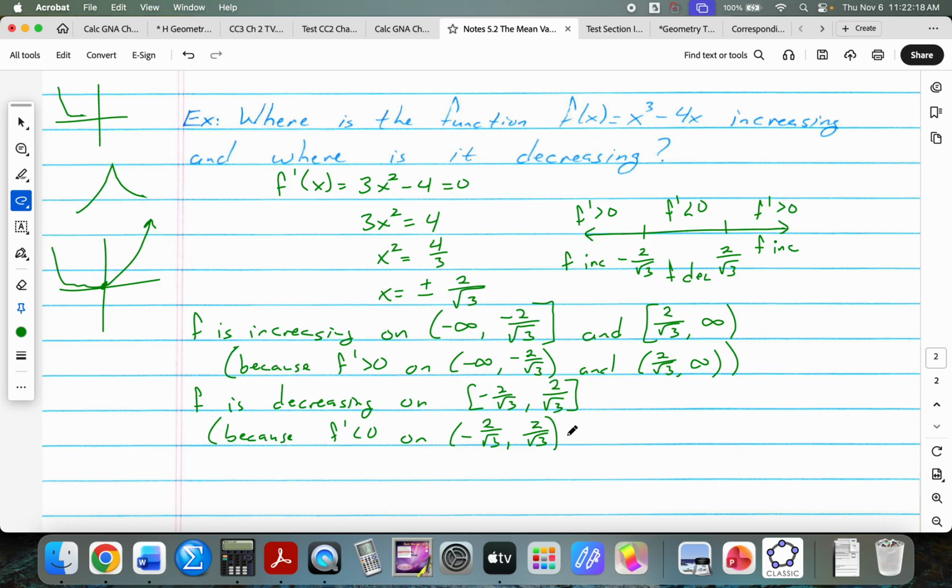You could say it's neither increasing nor decreasing, but it is included in the interval of where it's increasing and the interval of where it's decreasing, because it fits the definition.